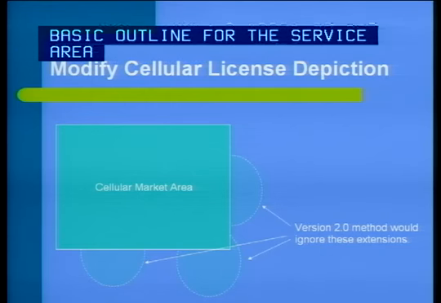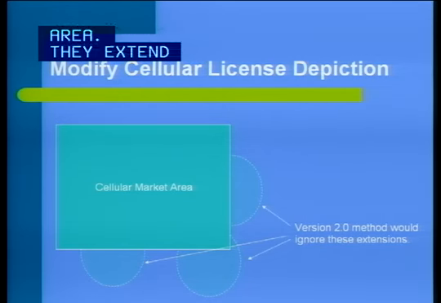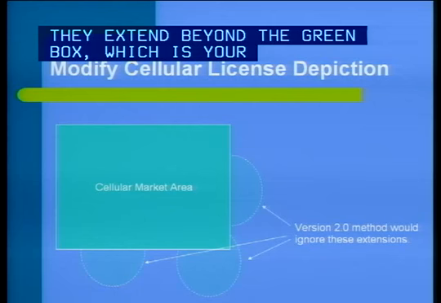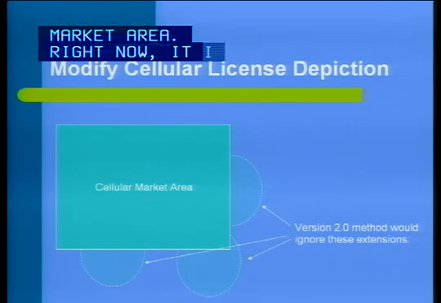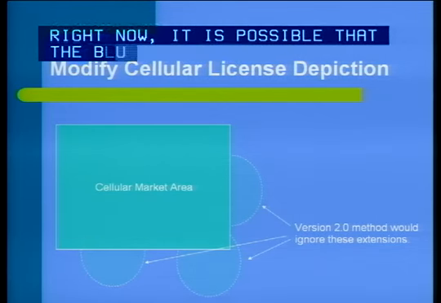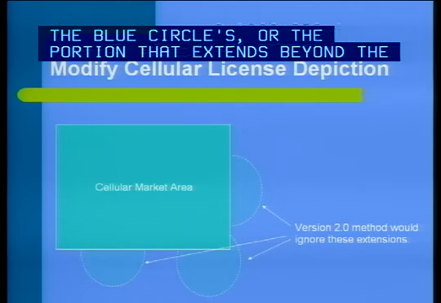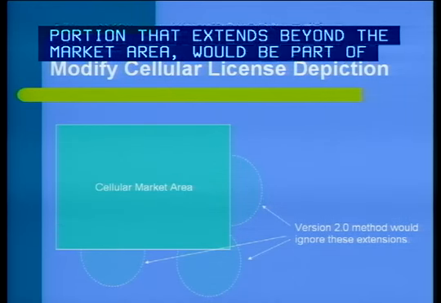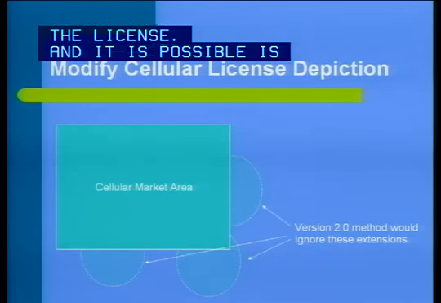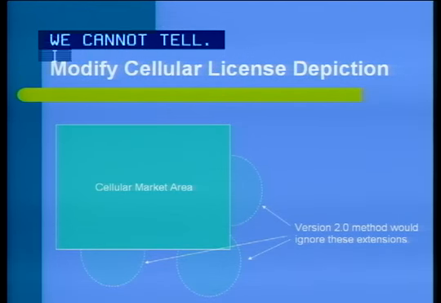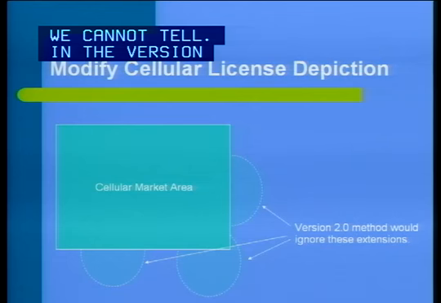So right now, it's possible that those blue circles, or that portion of the SAB that extends beyond the market area, would be part of their license, and it's possible it's not, and we cannot tell. So in version 2.0, we're looking at adjusting the depiction to cut them off and then limit it to the cellular market area.